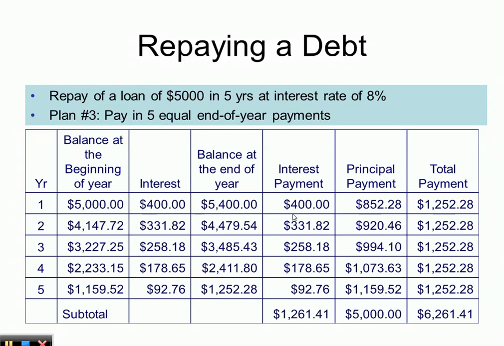We're going to pay this whole interest, and whatever is left out of this 1,252.28 is going to go towards principal. So notice the interest payment is going to decrease, and the payment that goes towards the principal is going to increase, while previously the interest stayed the same and nothing went towards the principal. So when we added these, we got 6,261.41.